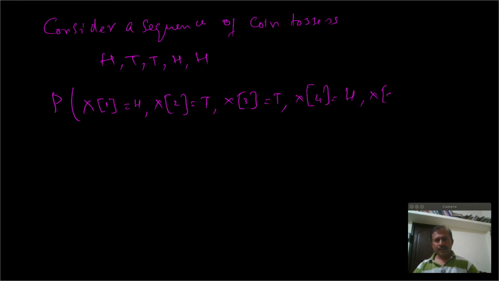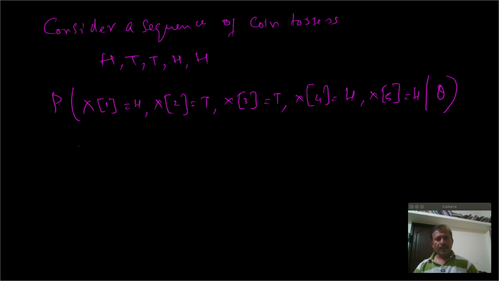X of 5 is given theta, right? So what is this? I have here 3 heads and 2 tails, right?